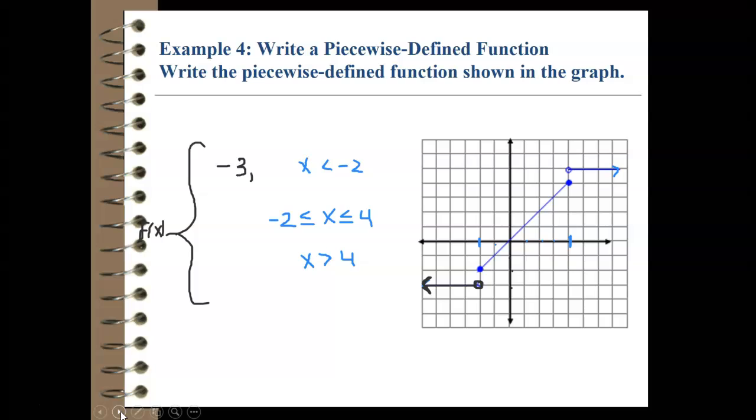And then at the bottom, we have x greater than 4. Well, over here, x values greater than 4. This line is also a horizontal line. So the slope here is 0. And it's up 1, 2, 3, 4, 5 units. So the equation of the line for x values greater than 4 is 5.